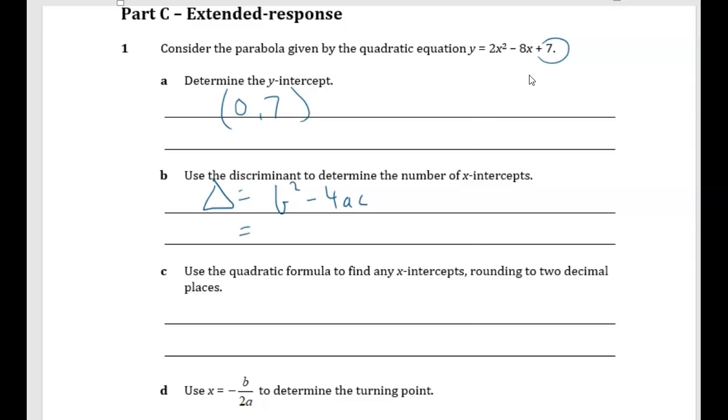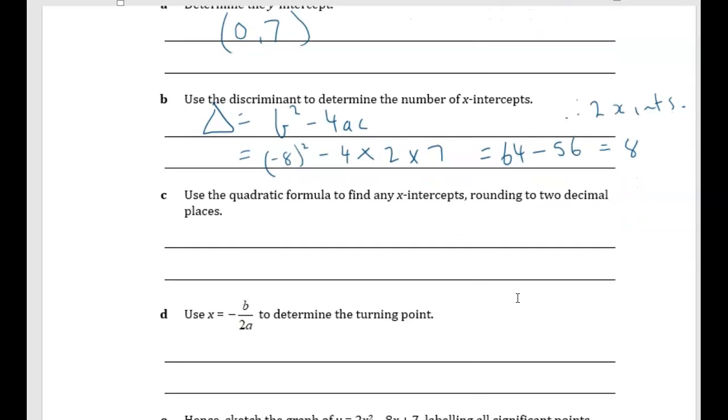So b is negative 8, so we're going to do negative 8 squared minus 4 times 2 times 7. So negative 8 squared is 64 minus 8 times 7, so minus 56. So we get 8. Number of x-intercepts, so we say therefore we have 2 x-intercepts.